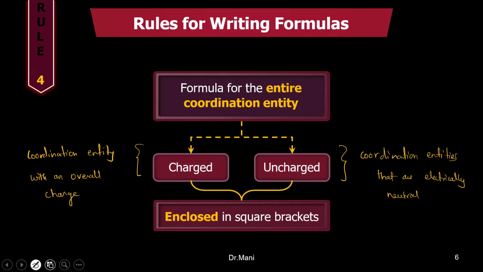First, what comes under the charged complex? Take an example, Cu(NH3)4 2+. This is the charged one. If you take a neutral one, Ni(CO)4.